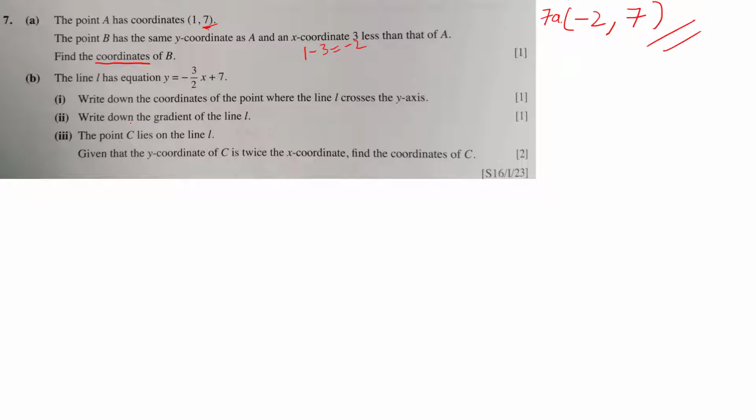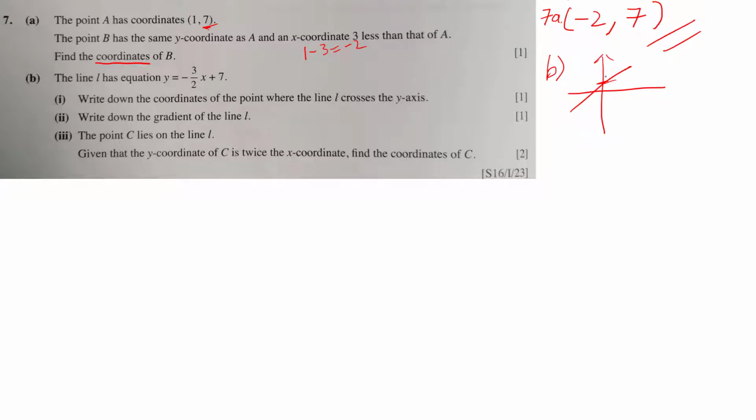Then 7b, write down the coordinates of the point where the line crosses the y-axis. The point where it crosses the y-axis is the y-intercept. So for this one, it's also very straightforward. The idea is the point where it cuts the y-axis. So they want us to write the coordinate. Of course, you do not need to draw this for your answer.